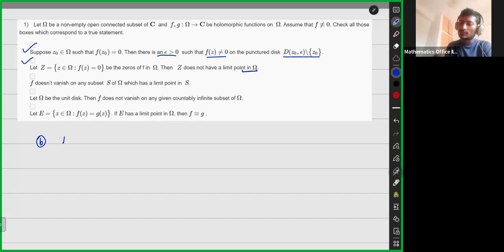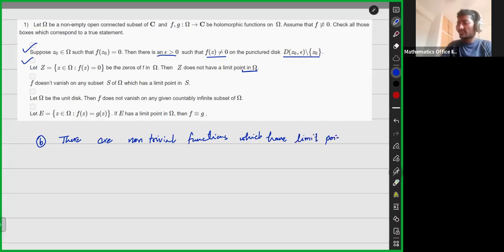Sorry, they do not have limit points. So there are non-trivial, non-zero functions which have a limit point of zeros not inside omega but on the boundary of omega.